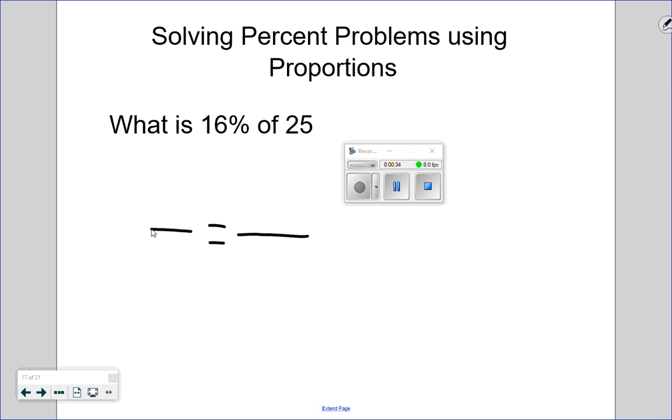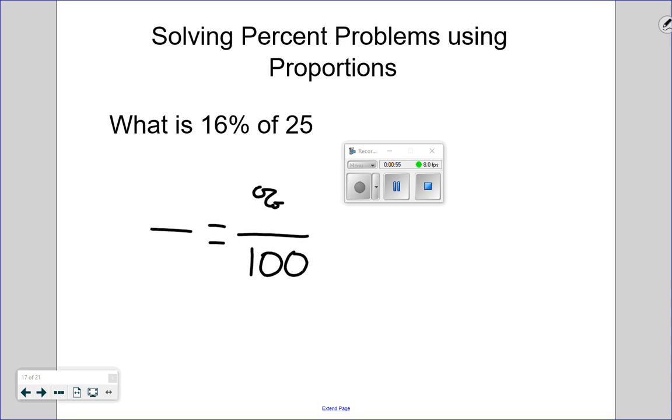When we're solving these percent problems, we have two ratios. The percent is one ratio, and then the other values are the other ratio. So to start off with the percent, on one side of your proportion, you will have your percent over 100.